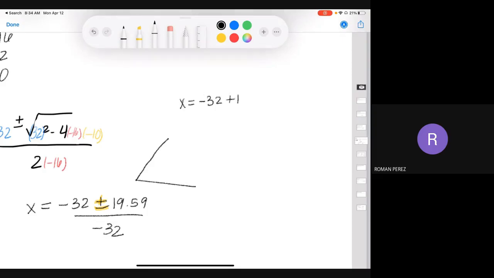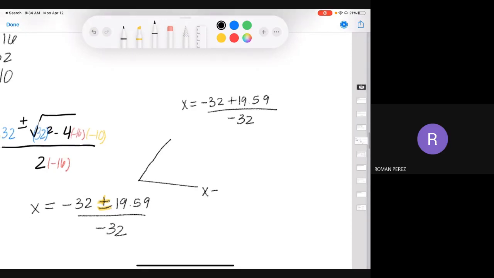So the first one is plus, and that's what you're going to plug into your calculator. And the second one is to subtract it, and that's what you're going to plug into your calculator. And the reason that I add and I subtract is because of that symbol that I see right here, right?